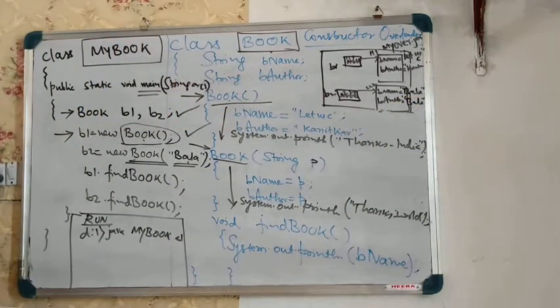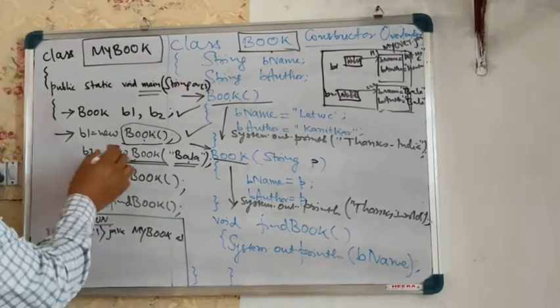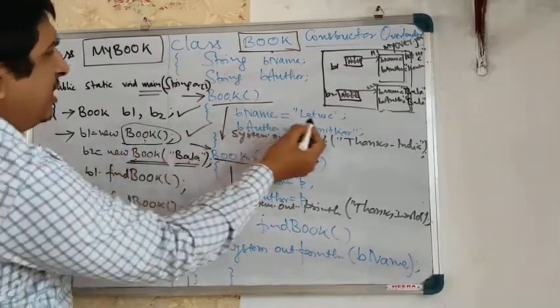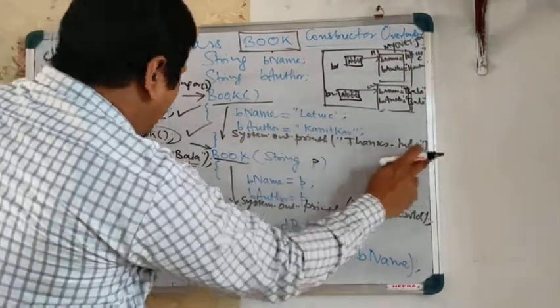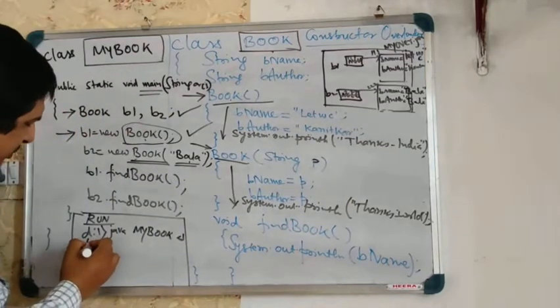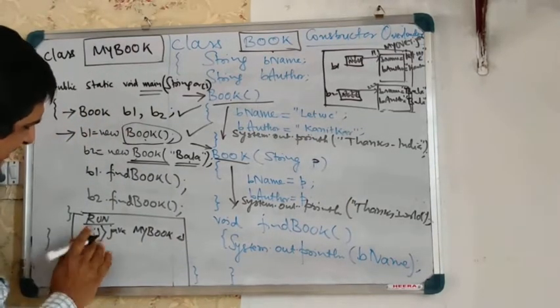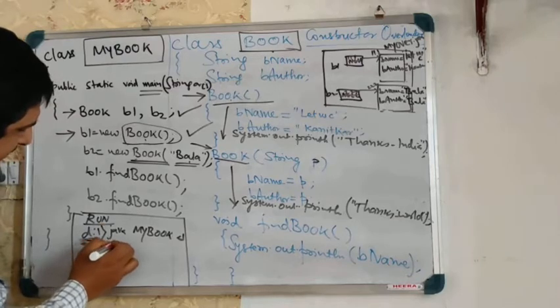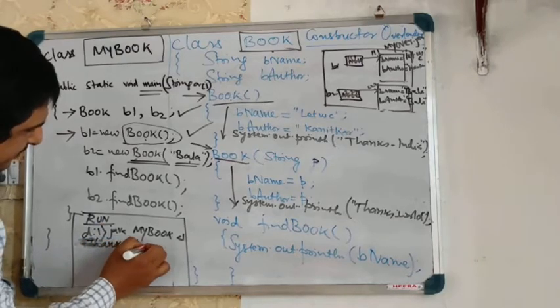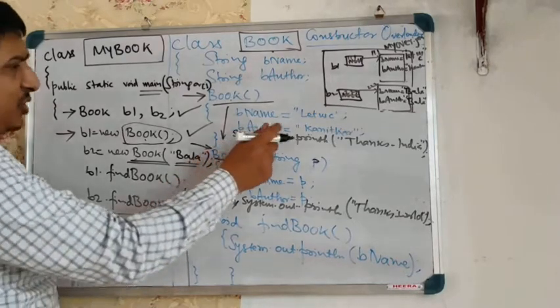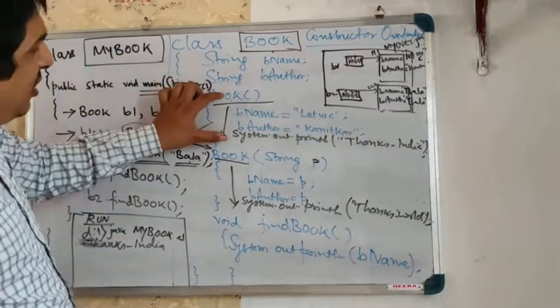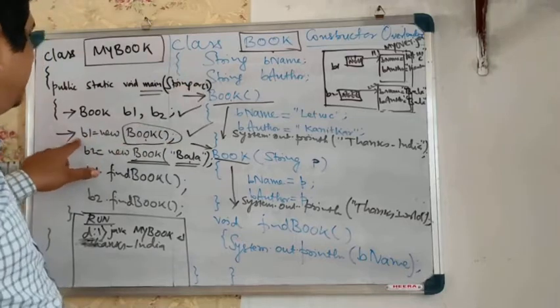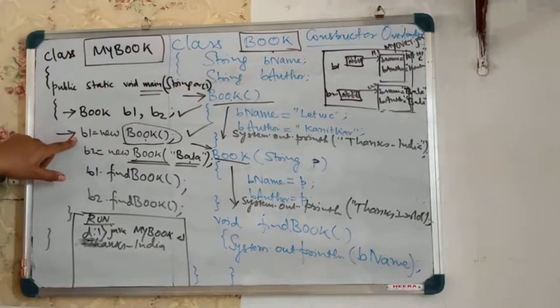One more thing I have just missed out. When B1 equals new Book, let us see and Kanitkar is okay, but it will also print thanks India. So in the output I will get thanks India, because it is also included in this constructor. After execution of this constructor, the object creation or instantiation will be completed.